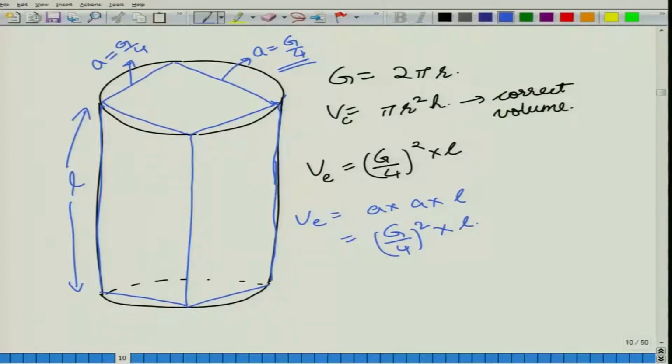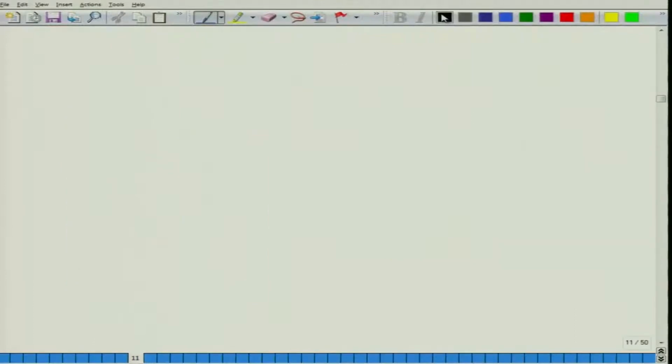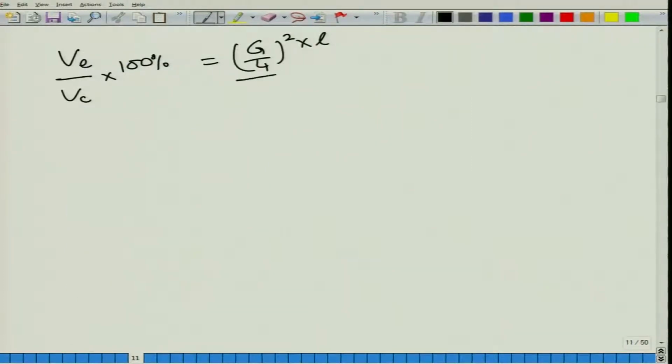Now, if we wanted to find out how much this estimated volume is in comparison to the correct volume, what we want to compute is the volume estimated by the volume correct into 100%. This figure would be given by the estimated volume, (G/4) squared into L, divided by the correct volume, pi r square L, into 100%. Now, G is given by 2 pi r.